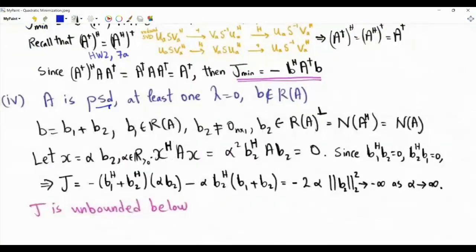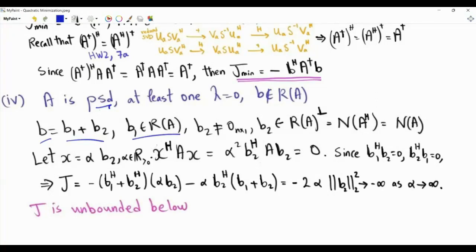So this is the case, and let's show how we can drive the objective function big J towards minus infinity. So vector B is not in the range of A. Let's suppose that it has two components.